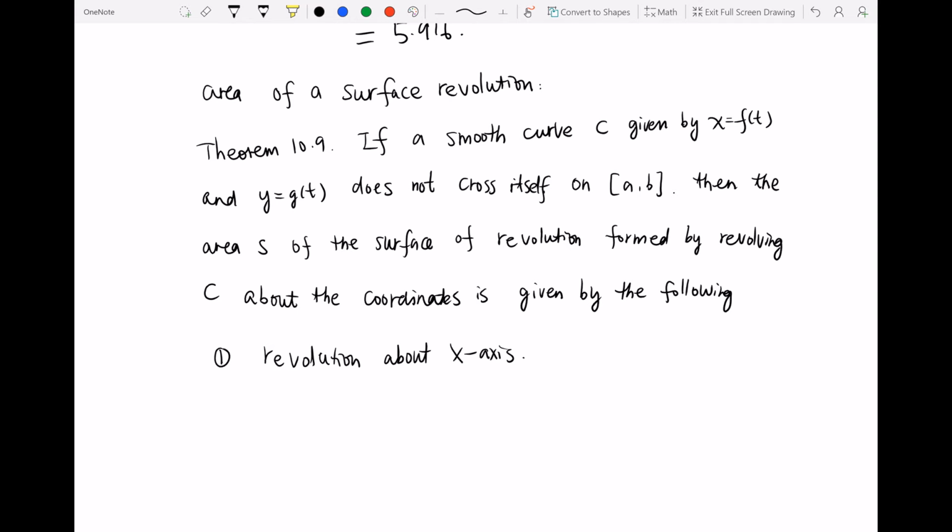If it's the x-axis, for example, if it's like this, and I revolve this with respect to the x-axis, you're going to have something like this, right? It's going to be the area of this one.